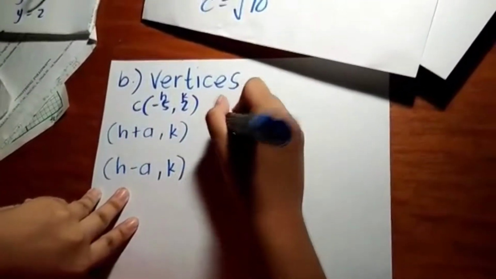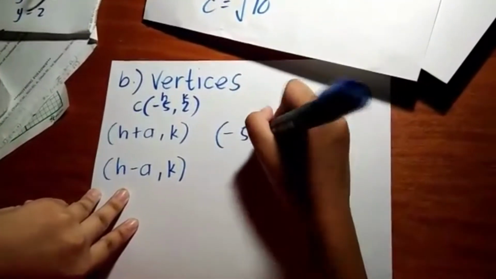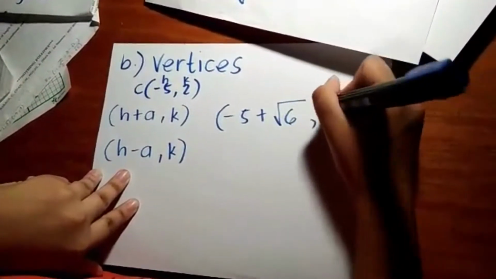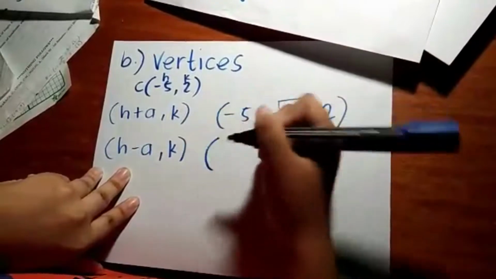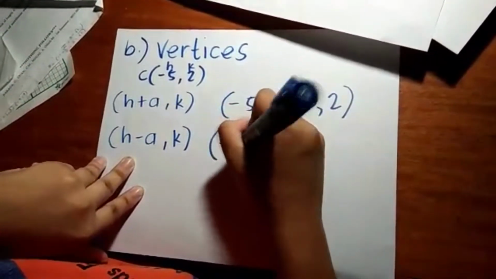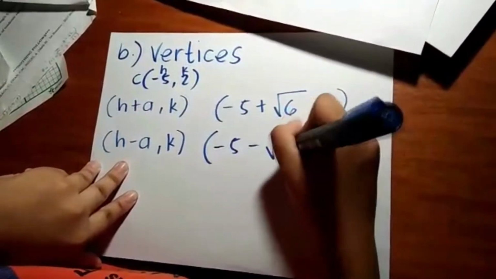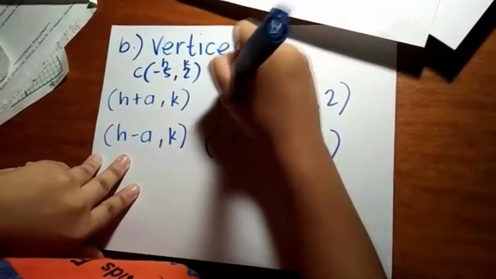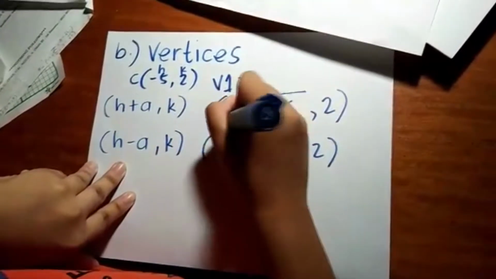So let's start. -5 plus a, which is square root of 6, k, 2. And our next vertex would be -5 minus square root of 6, 2. We will name these V1 and V2.